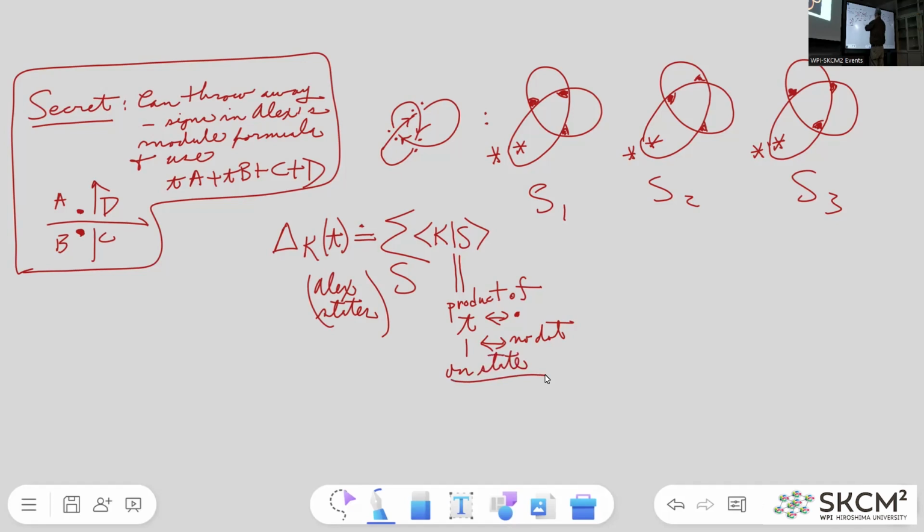And of course, dot or no dot depends on the knot diagram that you were working with. So what is the contribution? And then times the sign of the state. And the sign of the state at this point is referred to the checkerboard.